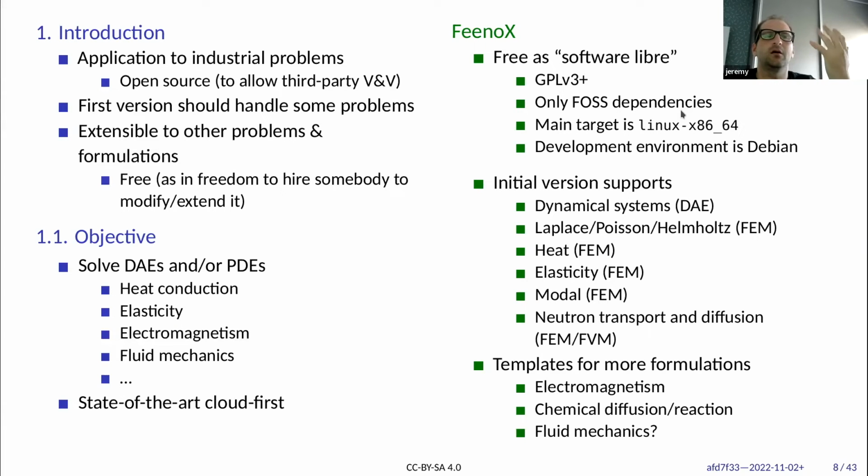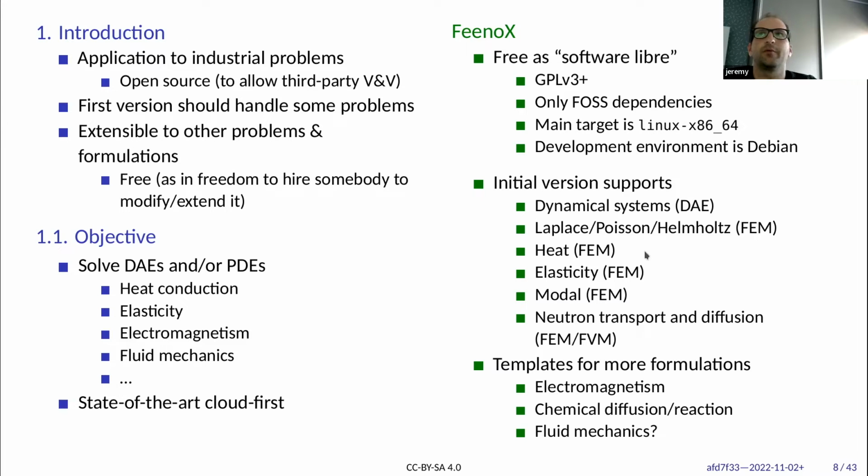You can compile it by just downloading it, and whatever other libraries that you need from the internet, freely. So since it's free, somebody can be hired to add electromagnetism or CFD. Yeah, and it should be state-of-the-art cloud first. This is our requirement.